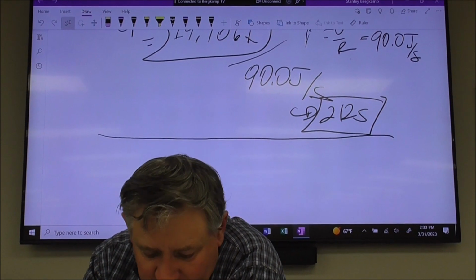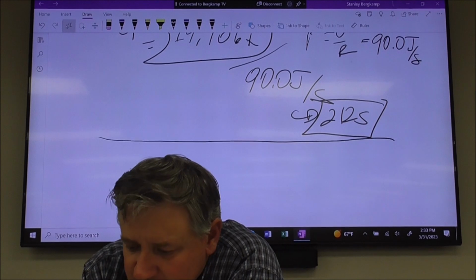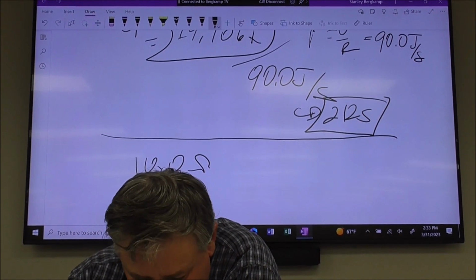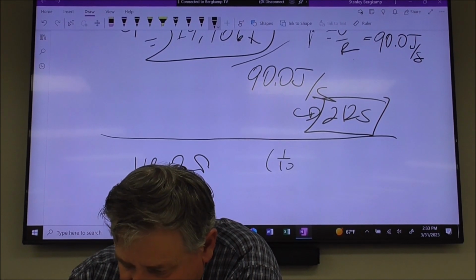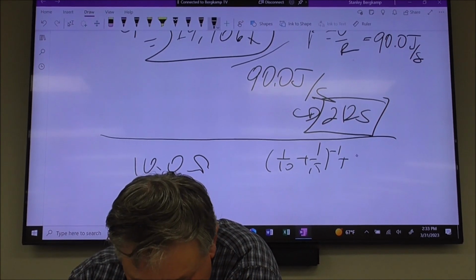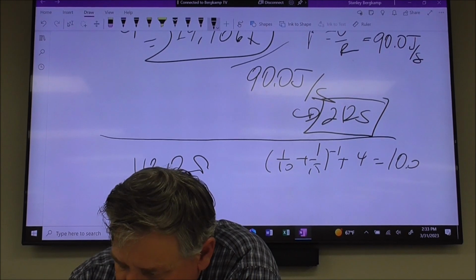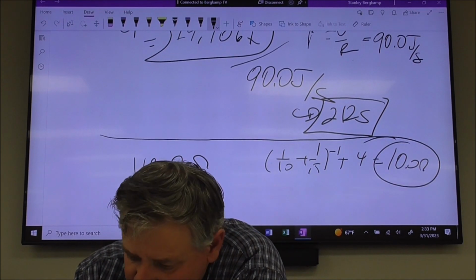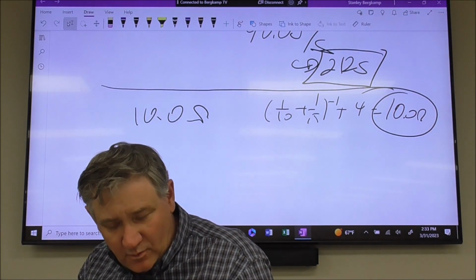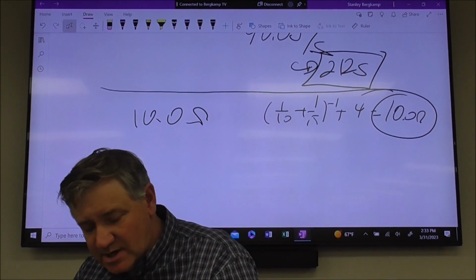Now, when you get to number 5, what do you have as the equivalent resistance? 10 ohms. Because you've got the two that are in parallel, so you take 1 over 15, plus the inverse of that, plus 4, and you get 10 ohms. When you're talking about the ones in parallel, the 10 ohm or the 15 ohm, which one is going to carry more current?